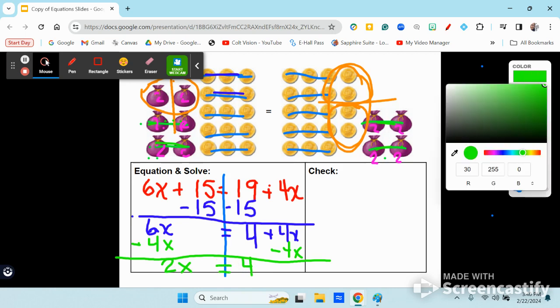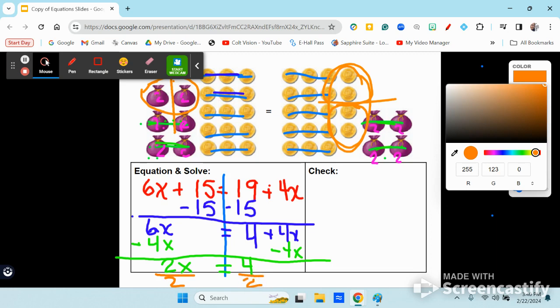Then finally, to figure out how many coins are in each bag, since I know there are 4 coins in 2 bags, I divided the bags by 2, and I divided the coins also by 2.